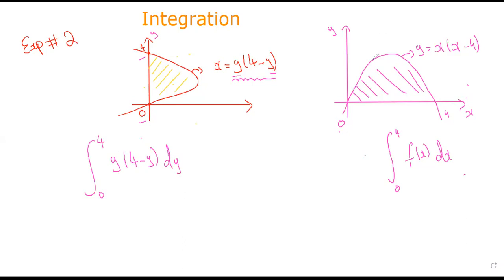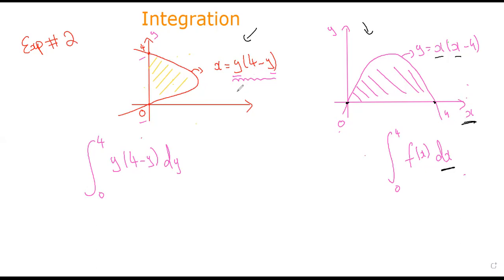I'm explaining this again, please pay attention. What is the difference? We are used to such questions where the area used to be bounded between the curve and the x-axis. So we used to integrate with respect to x, and the variable in the curve used to be x, and these used to be the limits on the x-axis. For this question, everything is different.